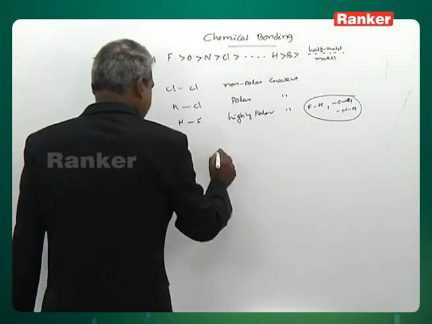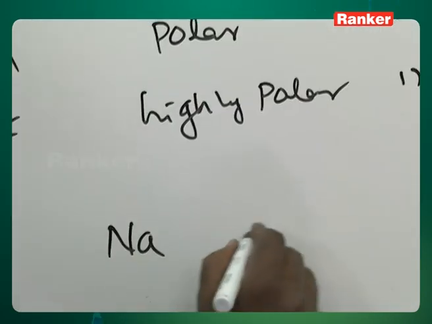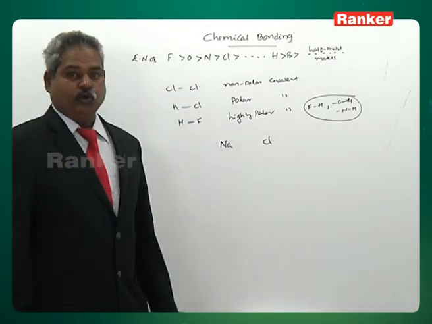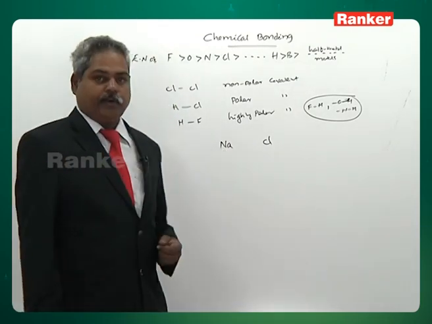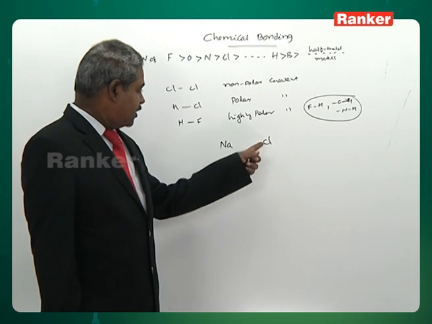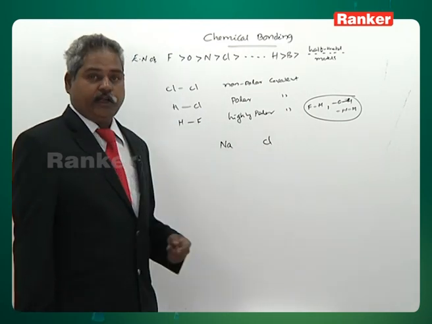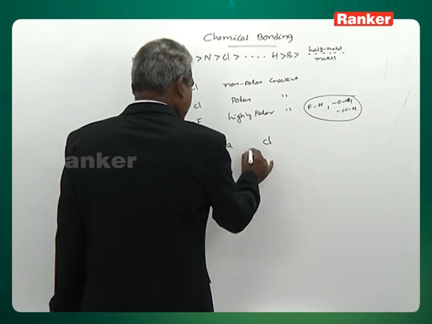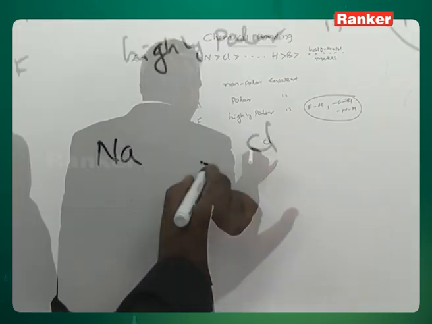Now, NaCl is an interesting case in point. The valence electron of sodium, 3s1, if you remember, and the unpaired valence electron of chlorine, 3pz1, these two electrons are almost always around this chlorine.